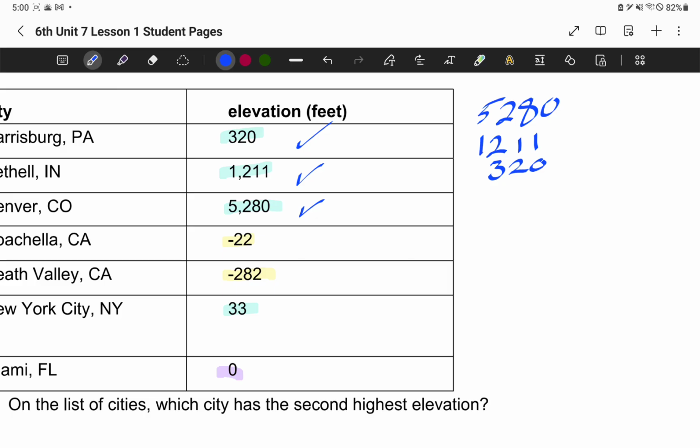Okay? So actually the next biggest number is 33. And then 0. And then negative 22. And then negative 282.